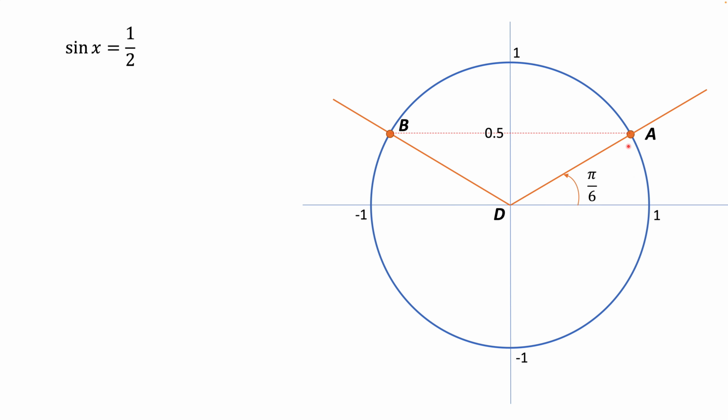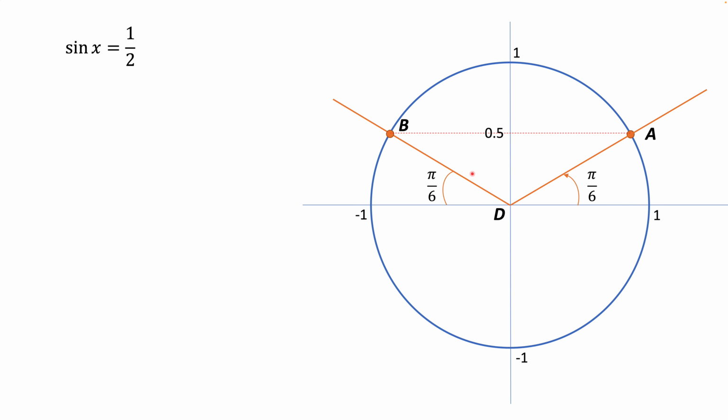Now here we also have a symmetry, but it's a vertical symmetry. So point B is a mirror image of point A if you look at the symmetry about the vertical axis. Because of that, if this angle here is pi over 6, then this angle is also going to be pi over 6. But when we're counting x, we're counting from this direction, from this line, and we're going like this.